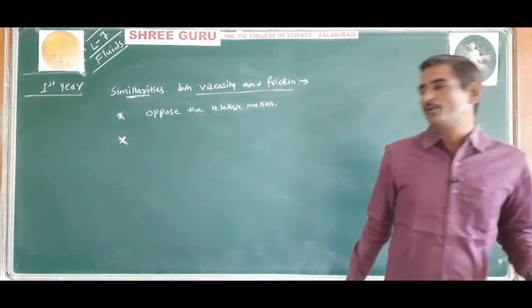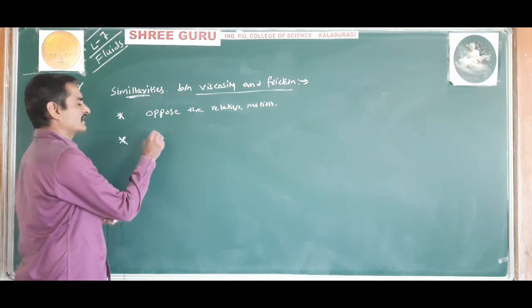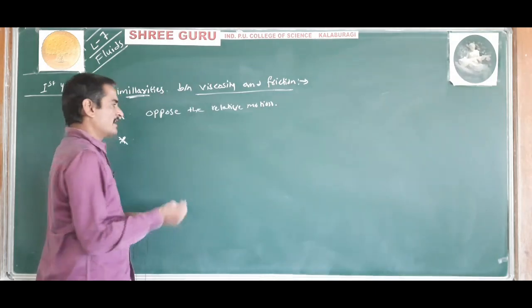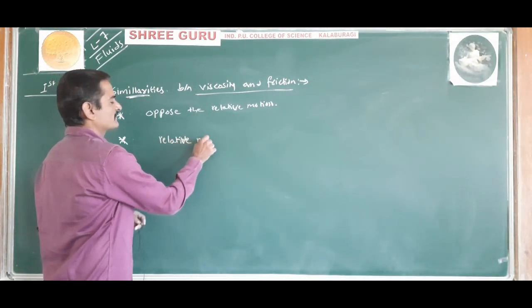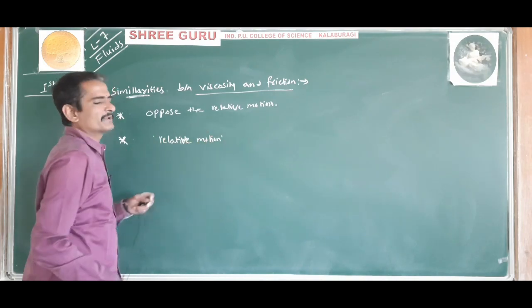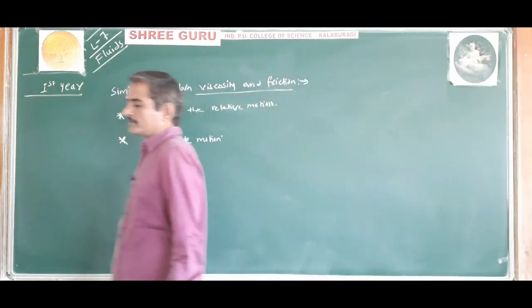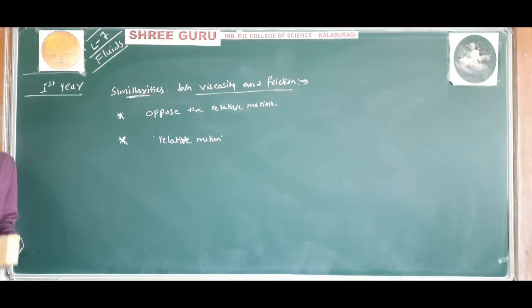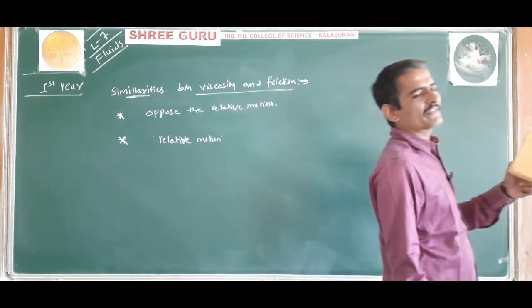If the relative motion is not there, then there will not be viscosity or friction. Viscosity comes into play when there is relative motion between two liquid layers, and friction comes into play when there is relative motion between two solid surfaces.